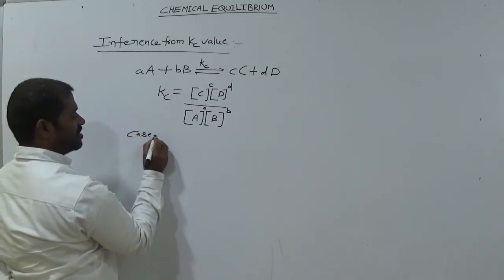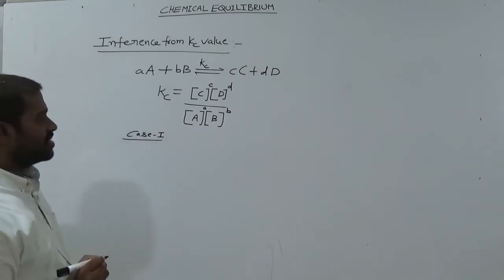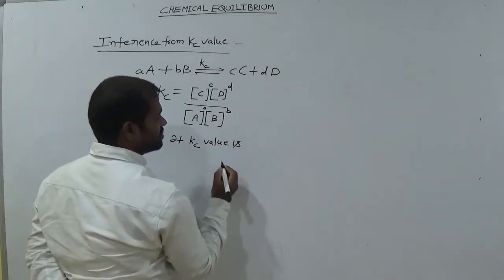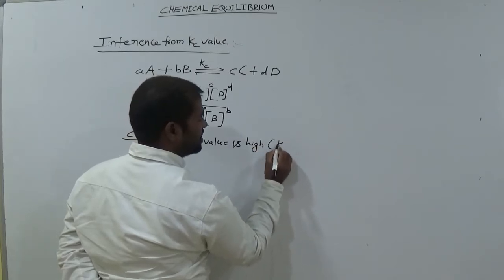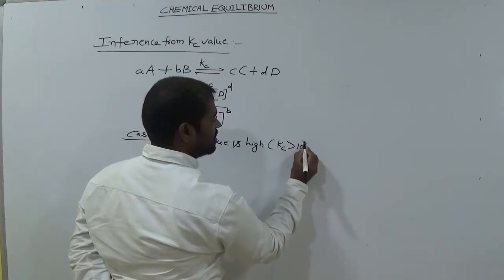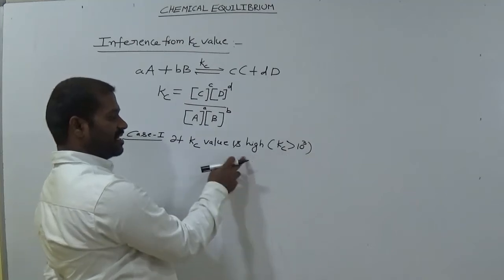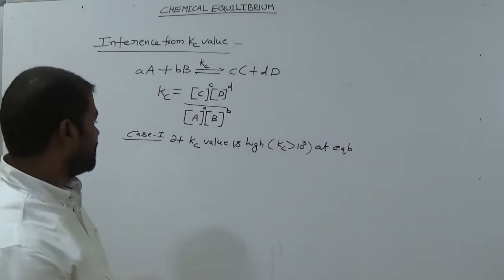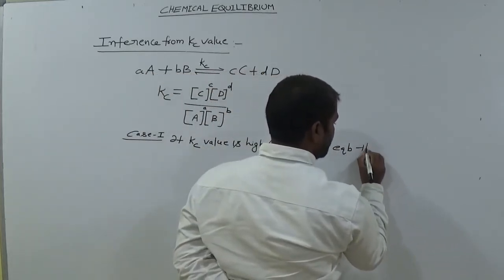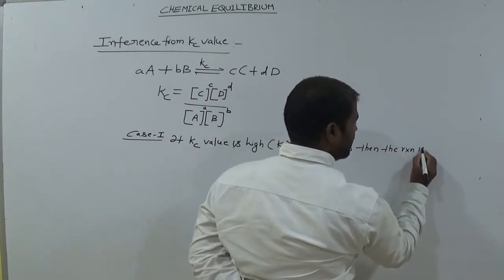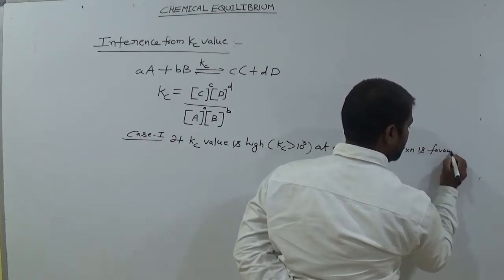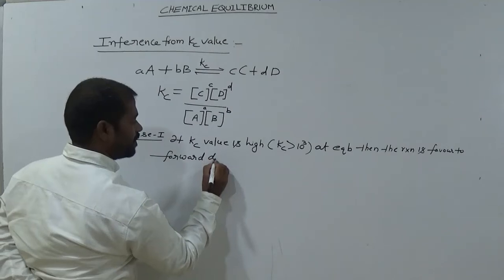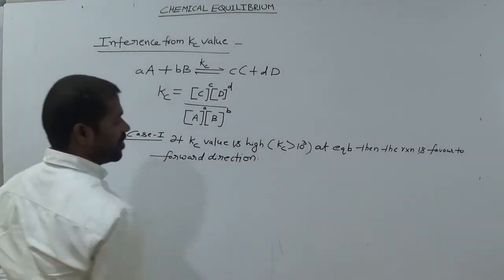In case 1, if the Kc value is high, that is Kc is greater than 1000, at equilibrium, then the reaction favors the forward direction.